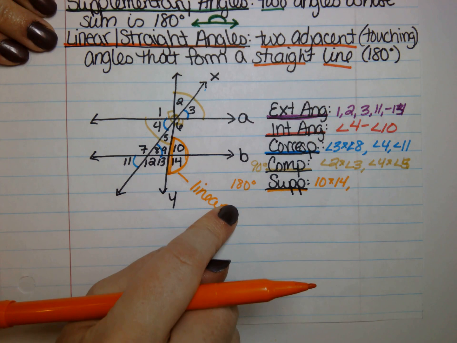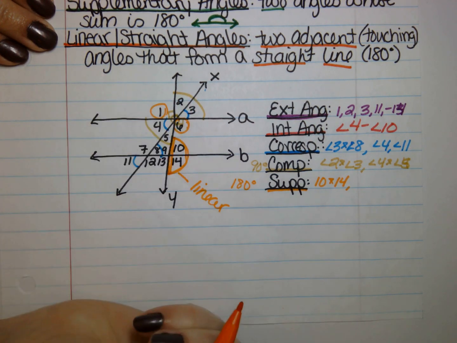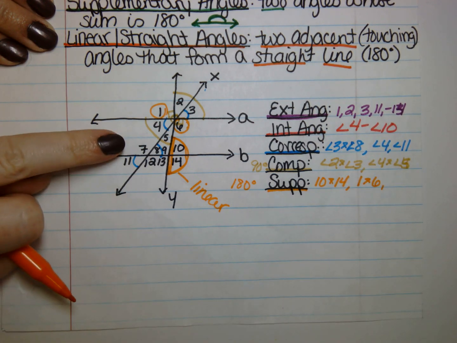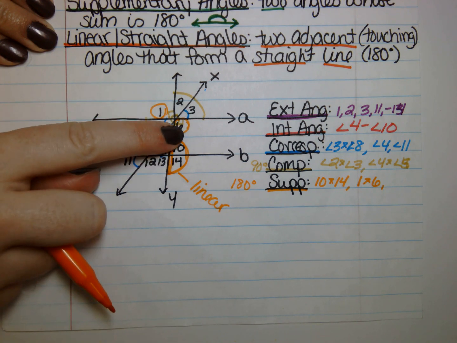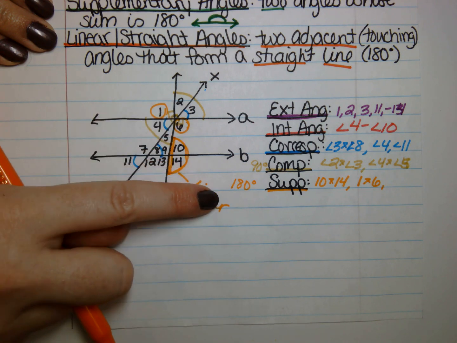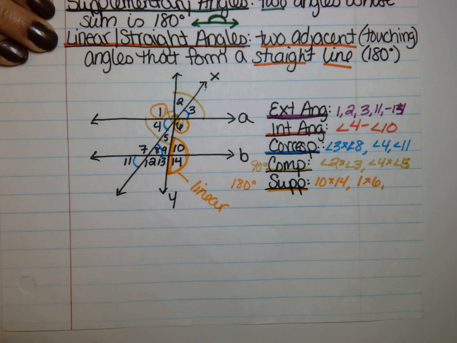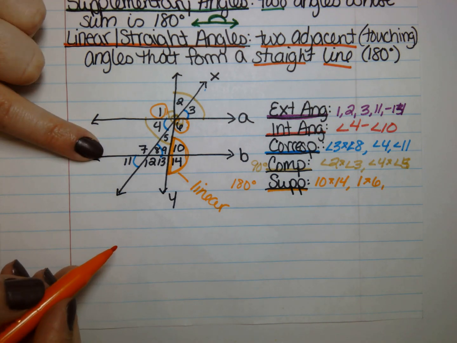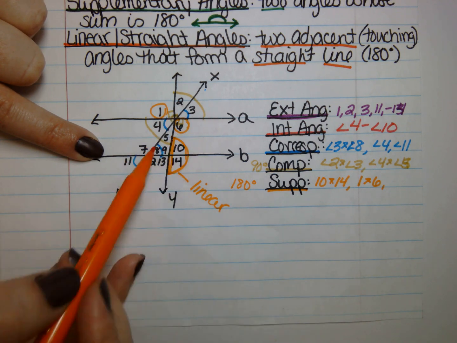So another example would be if I used 1 and 6. I can use 1 and 6 because I know that angle 1 is already 90 degrees, and so is angle 6. So when you add up 90 and 90, it's going to give you 180 degrees. And a final example that I want to talk about would be on your transversal.